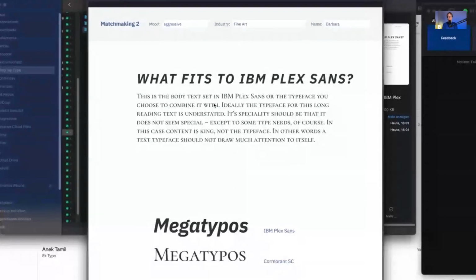And here you can say, well, Cormorant would be more or less this form model of being dynamic and IBM Plex being rational. This is not a problem so much since the italics of IBM Plex Sans are relating to something humanist.